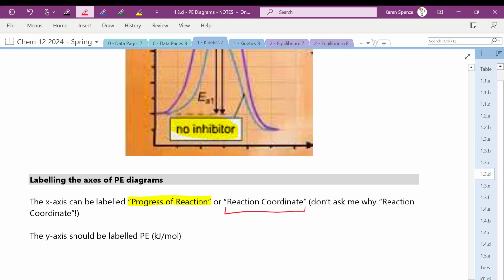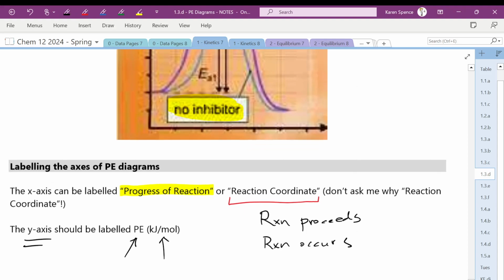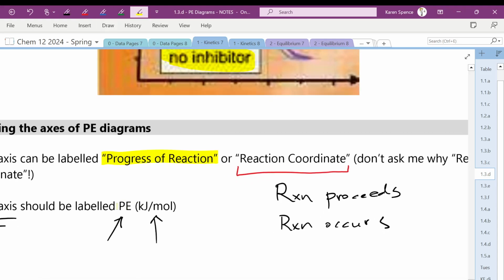You could write reaction proceeds, or reaction occurs. Any of those are okay. And the y-axis should be labeled with potential energy in kilojoules per mole. Okay, and that's it for that.